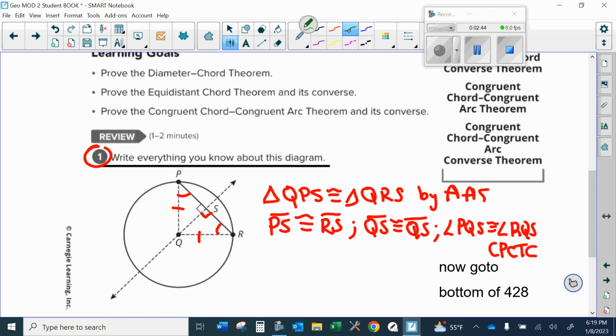So once we've proven the two triangles congruent, remember we can say any other of the corresponding parts are congruent.